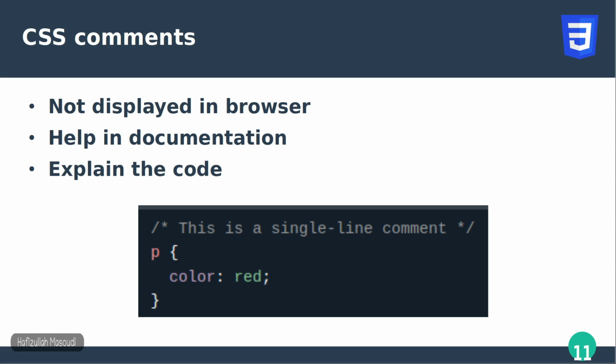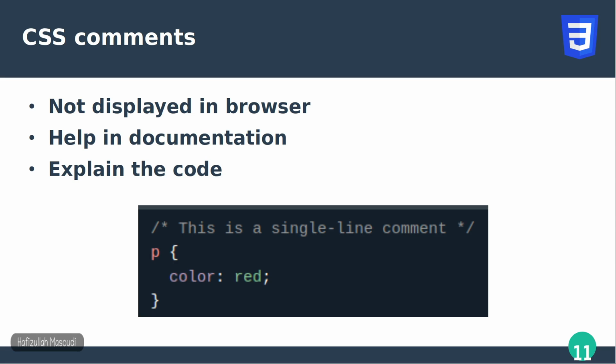Now finally we have comments in CSS. So comments will not be displayed in the browser, and they are only used to help document our source code. So we can use comments to explain the code and it may help when we want to edit the source code at a later date. So we can place a CSS comment inside the style element, and it starts with /* and ends with */. As you can see in the example image provided in the slide, at the very top of the paragraph we have an example of a comment.